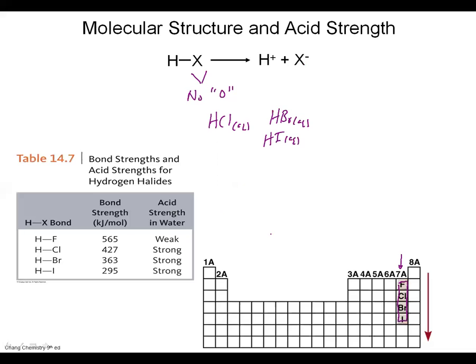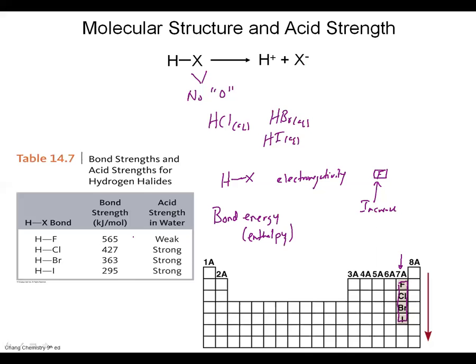And you may think that the overwhelming thing you may look at is electronegativity, which increases obviously as you go up towards fluorine. But it is actually not what we look at when we look at the strength of this type of acid. What we actually look at is what is known as the bond energy or the bond enthalpy.